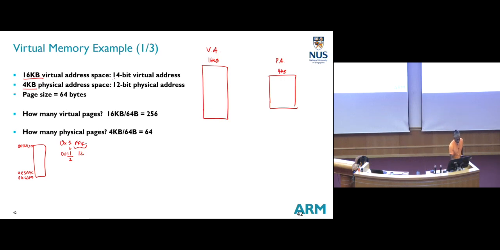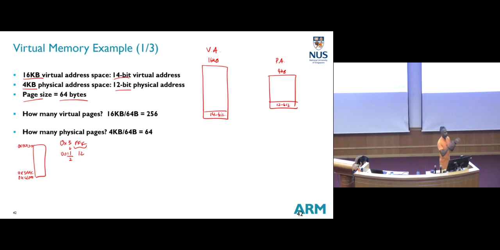Similarly, you have 12 bits over here. So this is a 14-bit virtual address, and this is a 12-bit physical address. Now we are saying that we have a page size of 64 bytes. So what is page size? A page is the chunk of information that I copy over from the virtual address to the physical address.